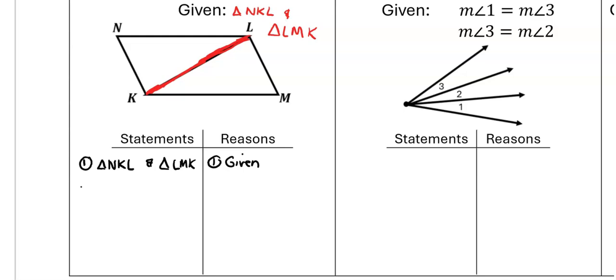What we've learned in the reflexive property is that we can say LK is congruent to LK. Let's write this down: reflexive property. This might seem redundant or silly to write out, but it will play an important role when we get to triangle congruence theorems in the last part of this lesson.